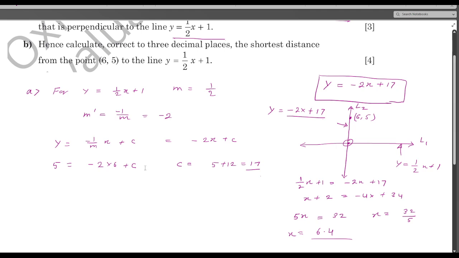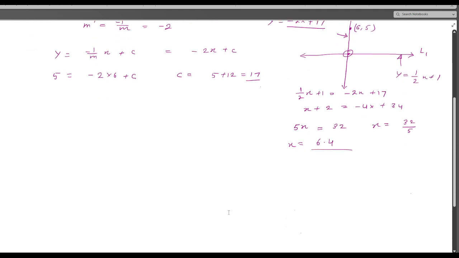Now once we get the value of x, we can find the value of y by putting it in either equation. So the value of y is 1/2 times 6.4 plus 1, which is 3.2 + 1 = 4.2.